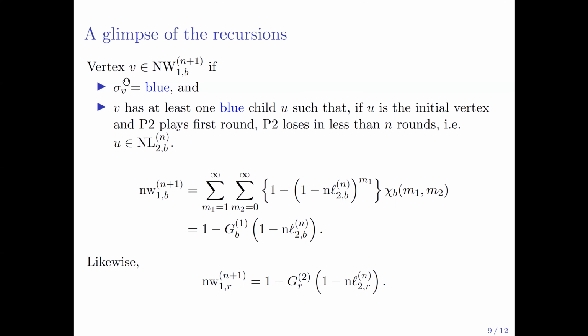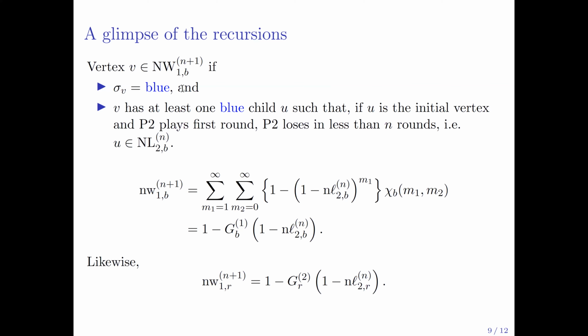So for example, if you look at a vertex V and you ask for the event that it belongs to capital NW1B superscript n plus 1, what does this mean? First of all, because it's in NW1B, the color of the vertex V has to be blue. Now, if you start the game with V being the initial vertex and P1 playing the first round, then what does this definition tell you?